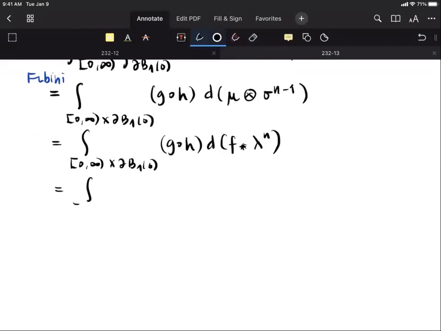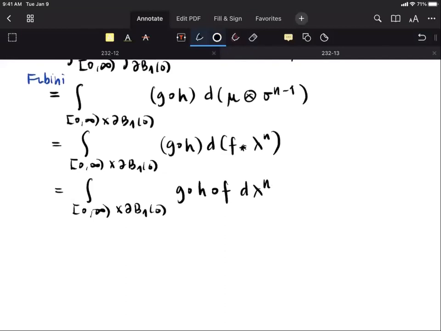Our previous discussions allow us to write this as the integral of the composition of G, H, and F with respect to the Lebesgue measure.